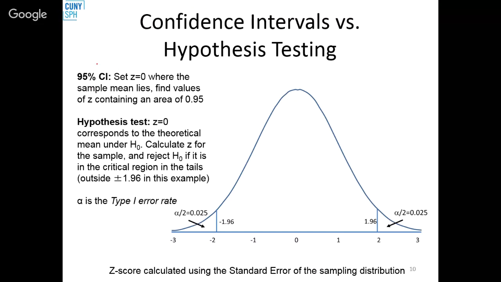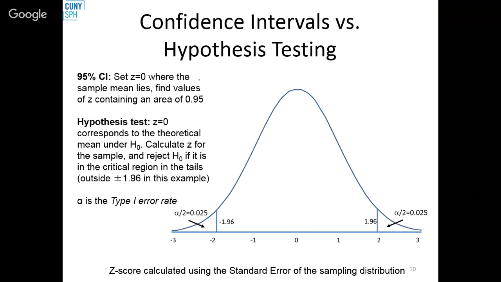When you are drawing a 95% confidence interval and you set z equals 0 where the sample mean lies and calculate the area where 95% of the probability of your sampling distribution lies, whether it's a normal distribution and it's between 1.96 and minus 1.96, or it is a t distribution and it's something greater than that, then that is your confidence interval. So that's how you construct confidence intervals.